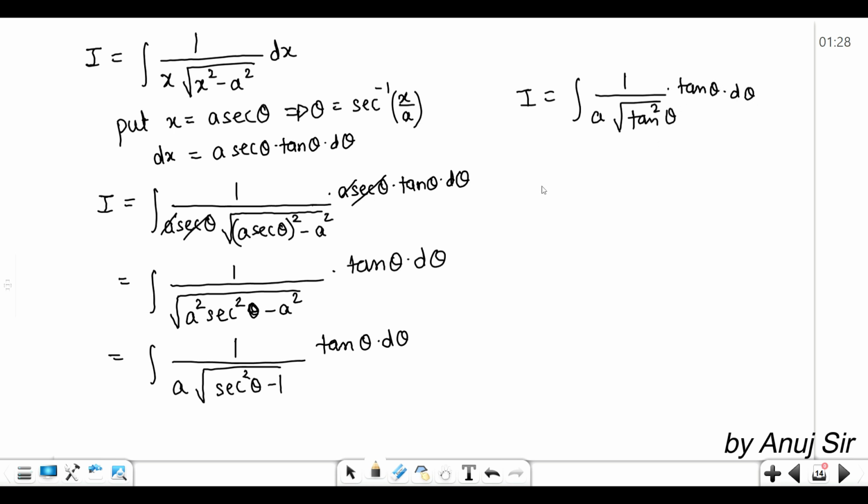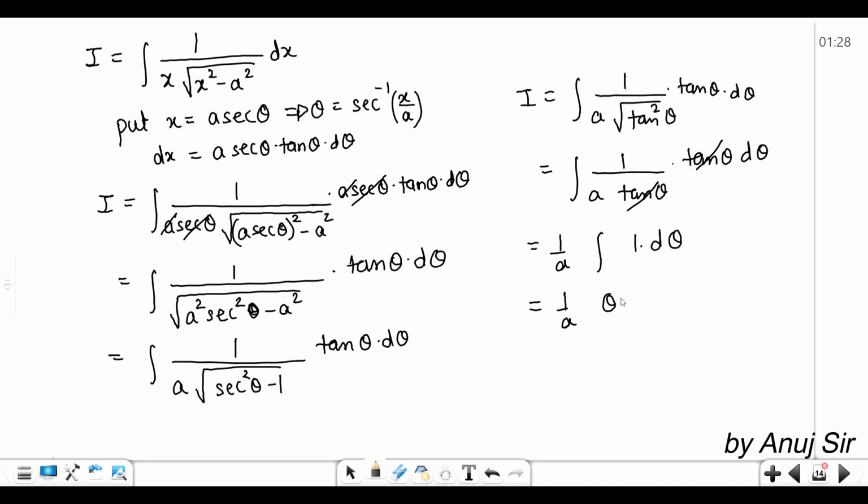So 1 upon a, the square root of tan square is tan, and here also we have tan. This will get cancelled, we are left with 1 upon a, we can take it outside, and the integration of 1 d theta is theta plus c. We can substitute here, which is nothing but sec inverse of x upon a plus c.